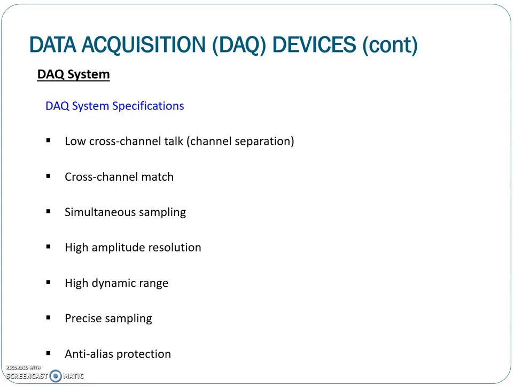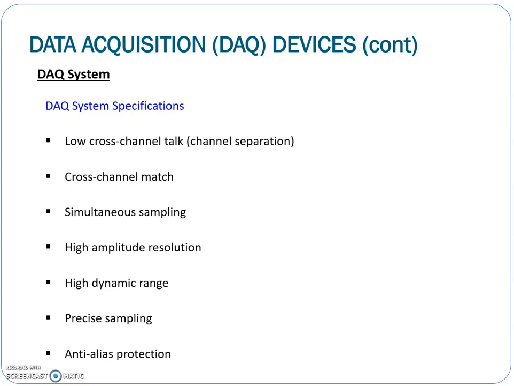AC coupling is normally used for dynamic signals and always for IEPE accelerometers, while DC coupling should be used for transient signals and may be needed for very low frequency signals. The DAQ should also come with anti-aliasing filters, which could avoid the aliasing effect, which we have discussed earlier on.